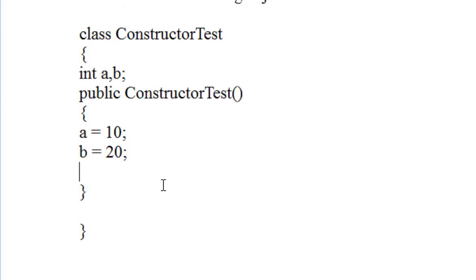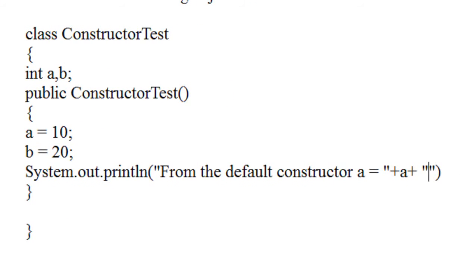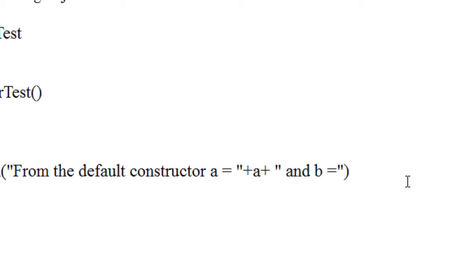Here I am going to print those values. System.out.println "from the default constructor a is equal to" plus a, and "b is equal to" plus b.